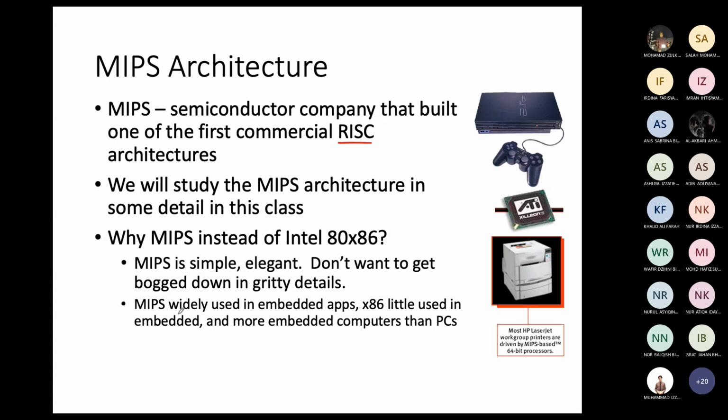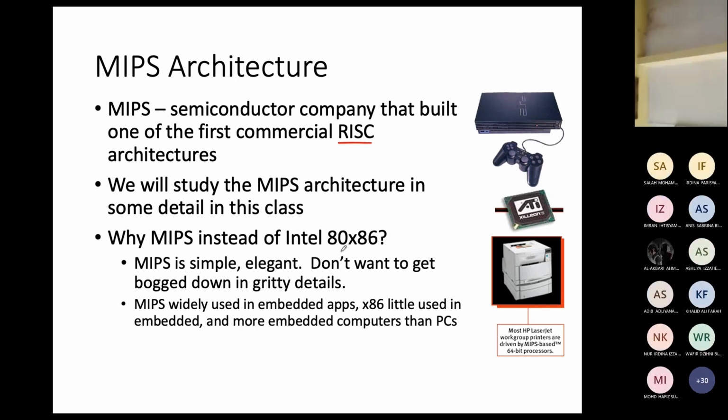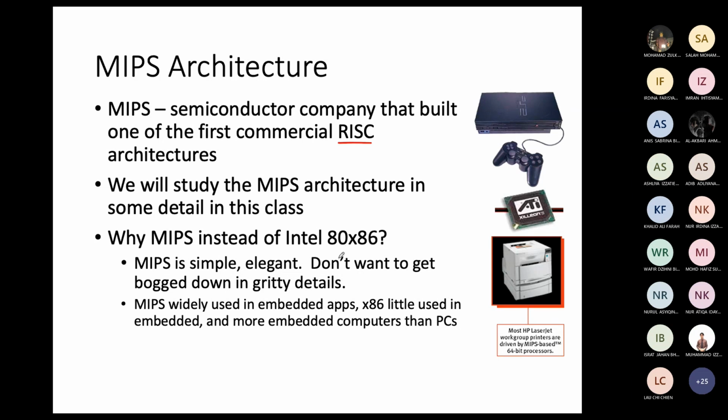MIPS is widely used in embedded apps. x86 is little used in embedded. Intel 8086 is widely used in computers, but MIPS is widely used in embedded apps, as you can see on the figure on my right side.